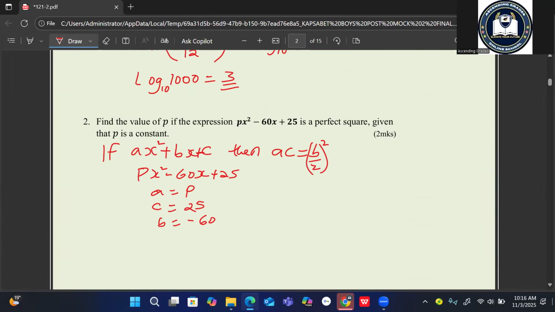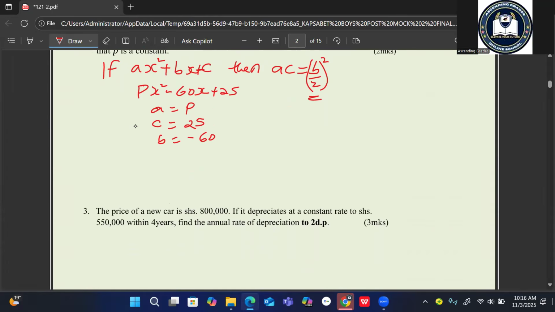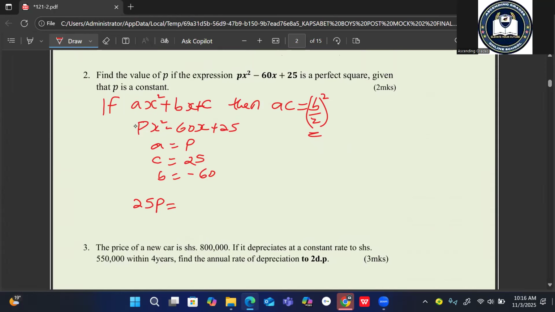So we replace it here. So we'll have AC, that is 25P, should be equal to B over 2, then our B is negative 60 over 2, then we square it.